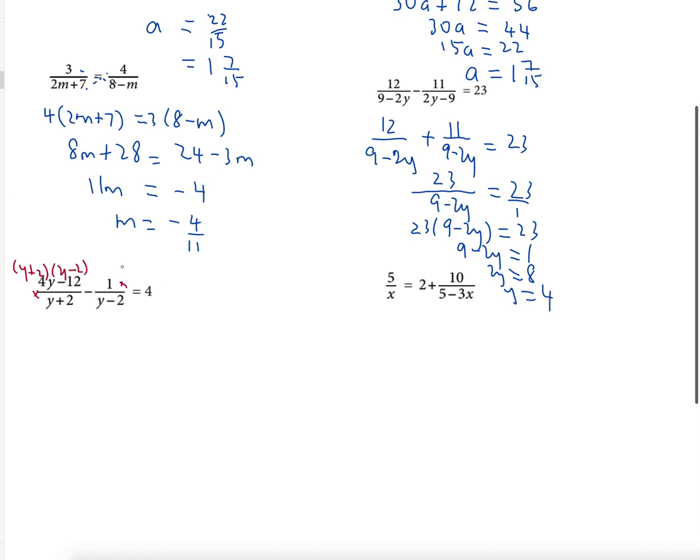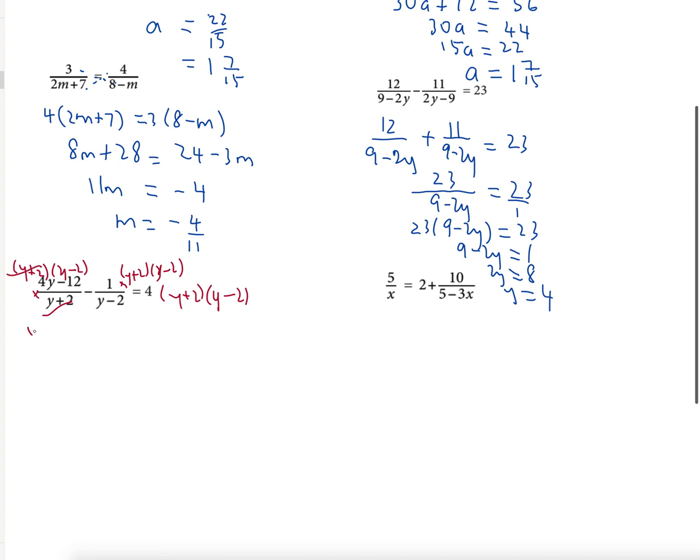And here is the same thing, y plus 2 times y minus 2, and it is multiplied on this side as well. In this way, we can cancel the denominator.